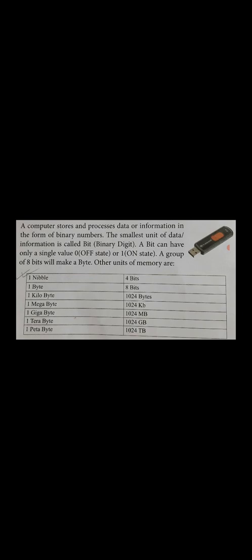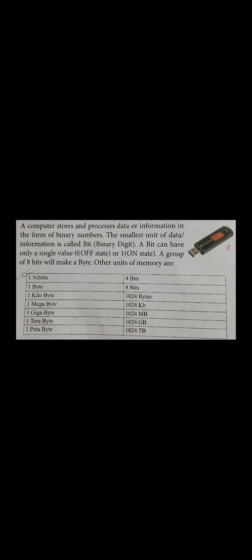Next, what do we have? 1 terabyte. 1 terabyte means 1024 GB. That means 1 GB, 2 GB, 3 GB up to 1024 GB. It refers to 1 terabyte, 1 TB.